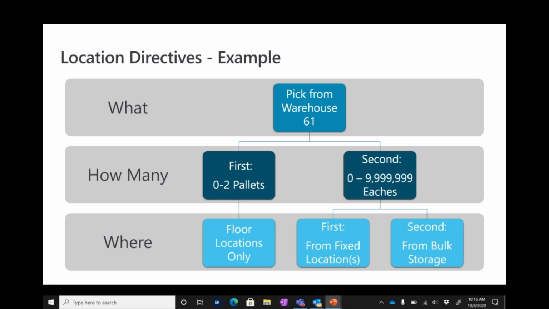So in that example, we would be directed to the other part of this hierarchy when we get to the how many part of the directive in the center. It does not meet the criteria for a full pallet.